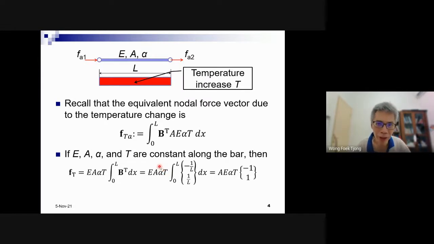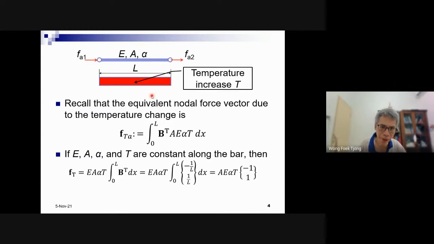Okay, how to prove this is easy. This is the situation, right? Our element is prismatic. It means these are constants, and also it is made from homogeneous material, so E and alpha are constant. Let's say the element of length L undergoes a constant temperature change. Of course, we can also compute, for example, a linearly distributed temperature or other distributions, but this is the simplest case, a constant temperature change.